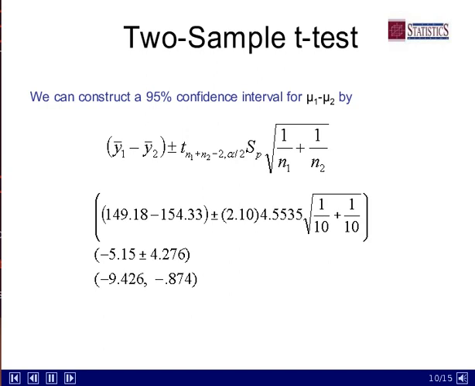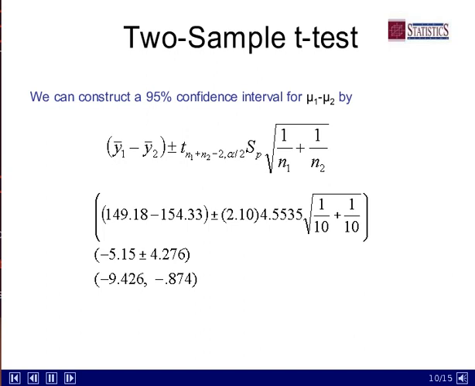Putting all the numbers in and cranking that out, we get an interval of minus 9.426 to minus 0.874. We can interpret this interval as we are 95% confident that the difference between the two means is as little as 0.874 or as big as 9.426.